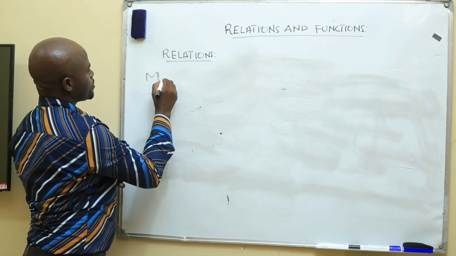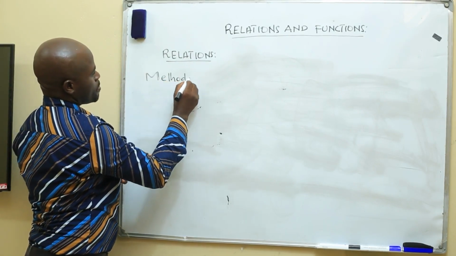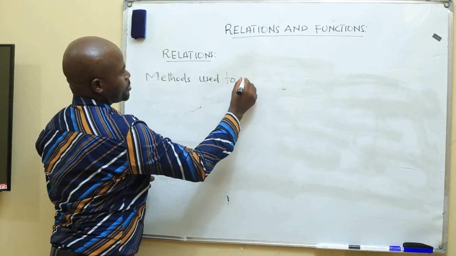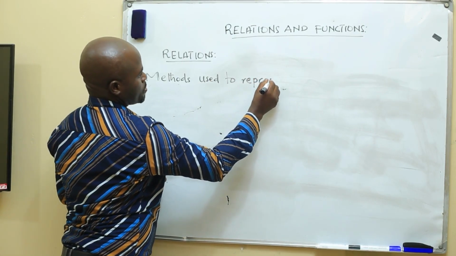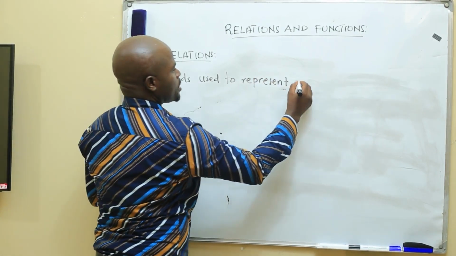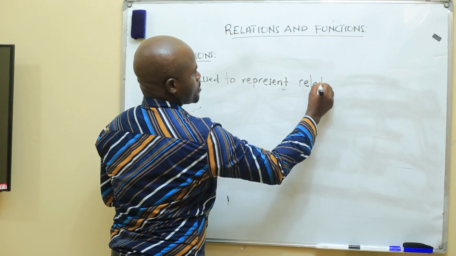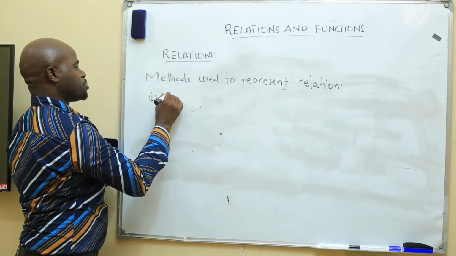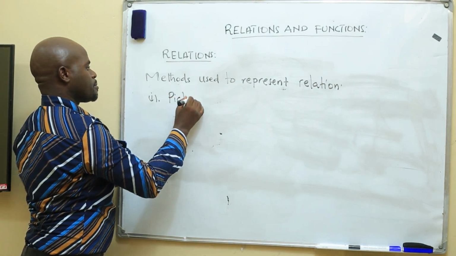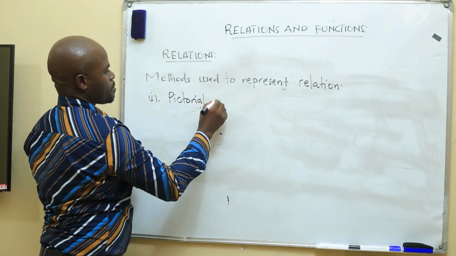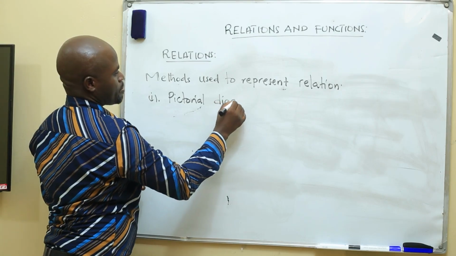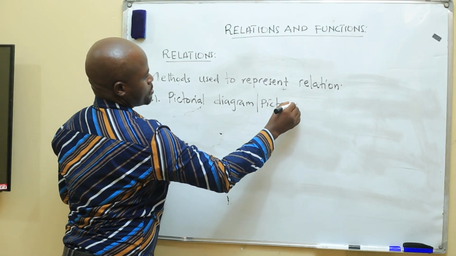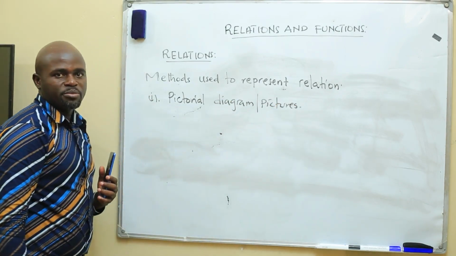Methods used to represent a relation. The first is the pictorial diagram, or pictorial pictures. This is the first method.